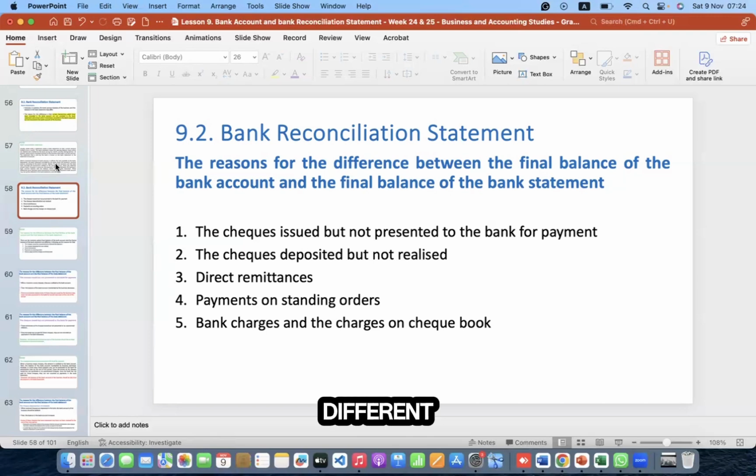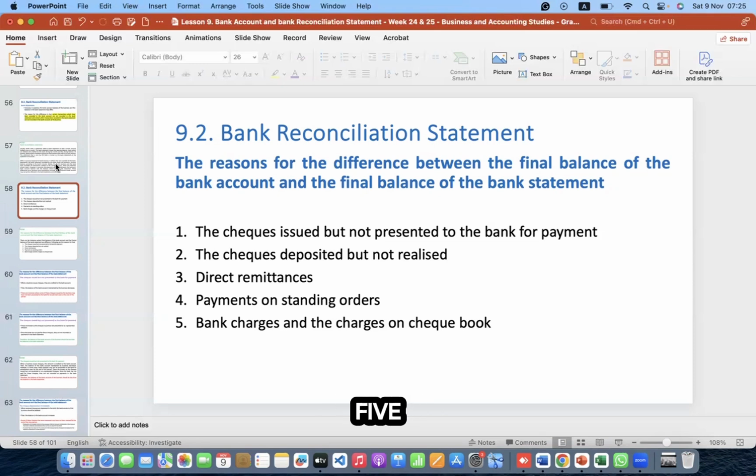There are different reasons for the difference between the final balance of the bank account and the final balance of the bank statement. Okay, there are five in particular that we are going to learn. The checks issued but not presented to the bank for payment, the checks deposited but not realized, direct remittances, payment on standing orders, bank charges, and the charges on checkbook.